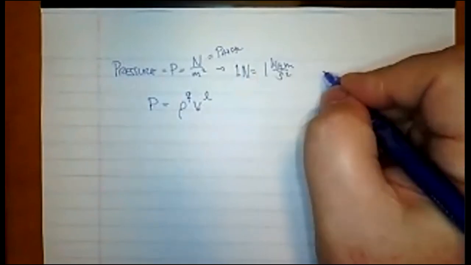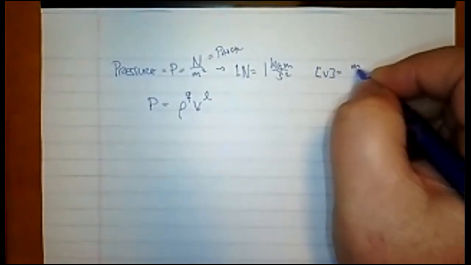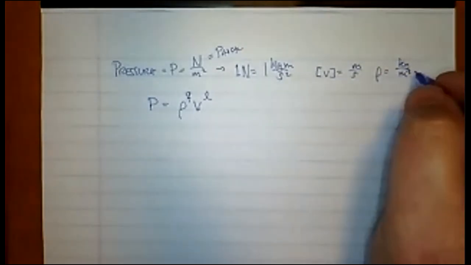So what I know is velocity has units of meters per second. And I know that density has units of kilograms per cubic meter. Now, I could do this with dimensions, and I really prefer dimensions, to be honest with you, but I just wanted to show you one with units just in case.